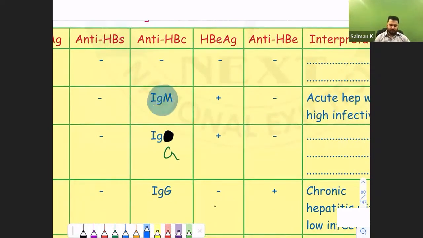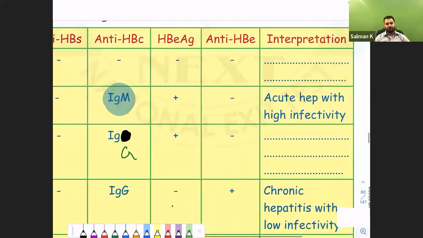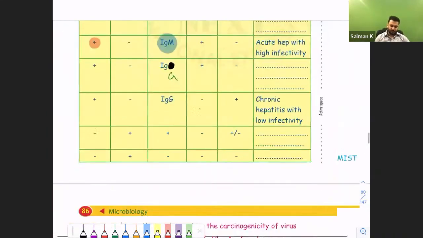Anti-HBc, if it is IgM type, you know it is acute hepatitis B. And second, if you see HBe antigen, you should know this is high infectivity. Acute hepatitis B with high infectivity. This is what you should all know.